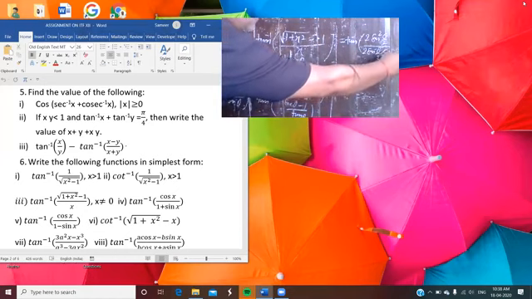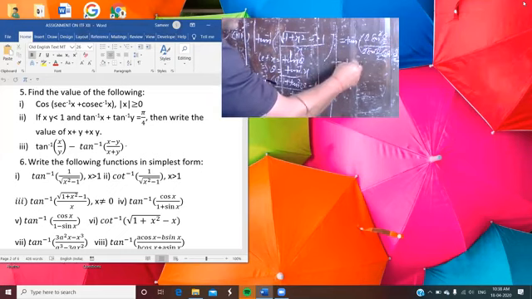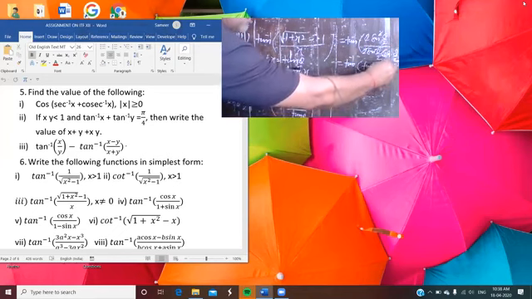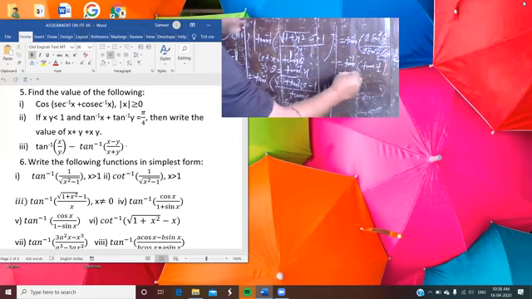So the 2 cancels and one power of sine cancels. So finally you have tan inverse tan theta by 2, and tan inverse tan theta by 2 is equal to theta by 2.